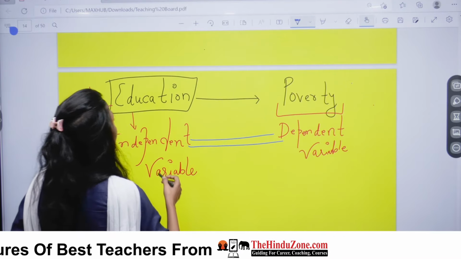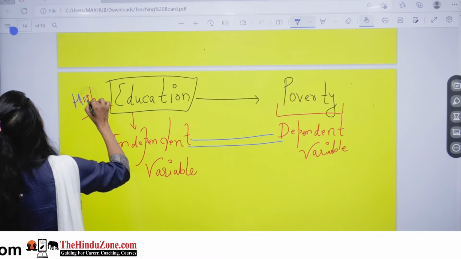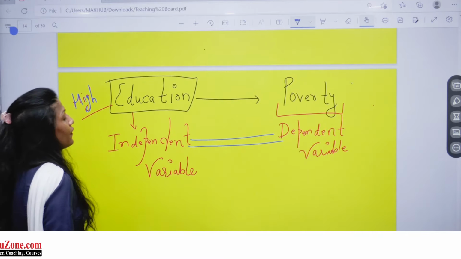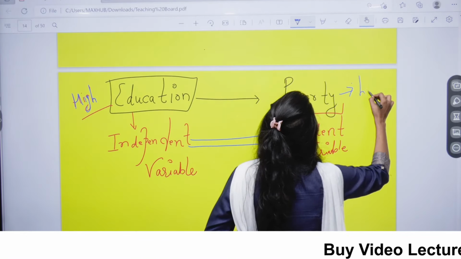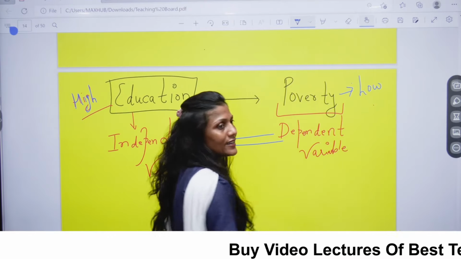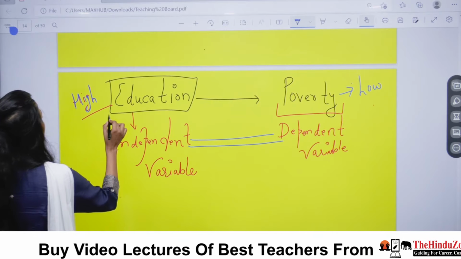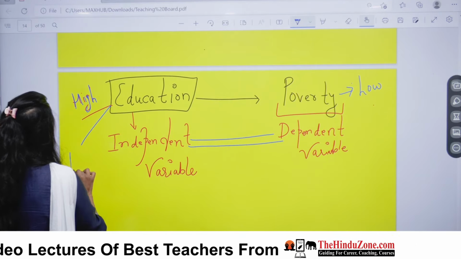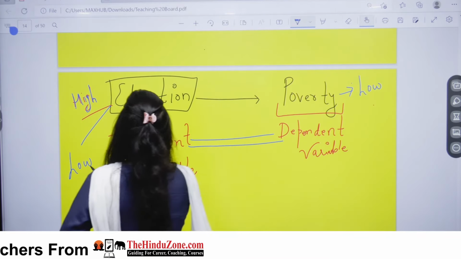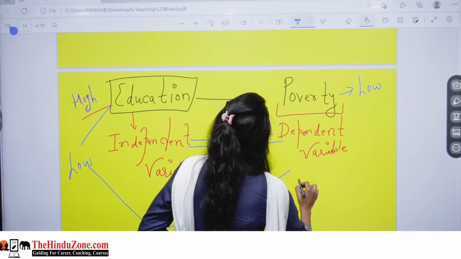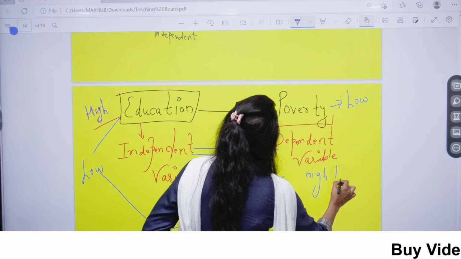So let's just say if it is high, then we get a decrease and then a low level of poverty. And if it is, let's just say, low, then here what will come? A high level of poverty.